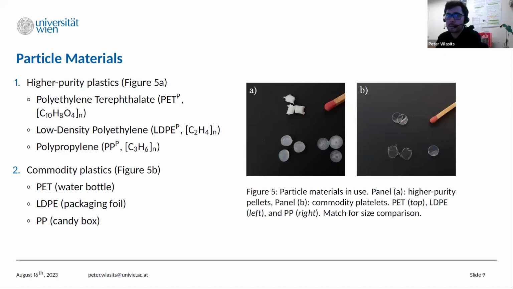And as you can see, to harvest the commodity materials, a common standard hole puncher has proven to be a valuable instrument. We just pushed it out and had these, what I call in the paper, platelets. Again, in the middle, the PET; lower left, the very thin LDPE foil. As you can see, that was already a bit challenging to cut out. And on the right, the polypropylene.